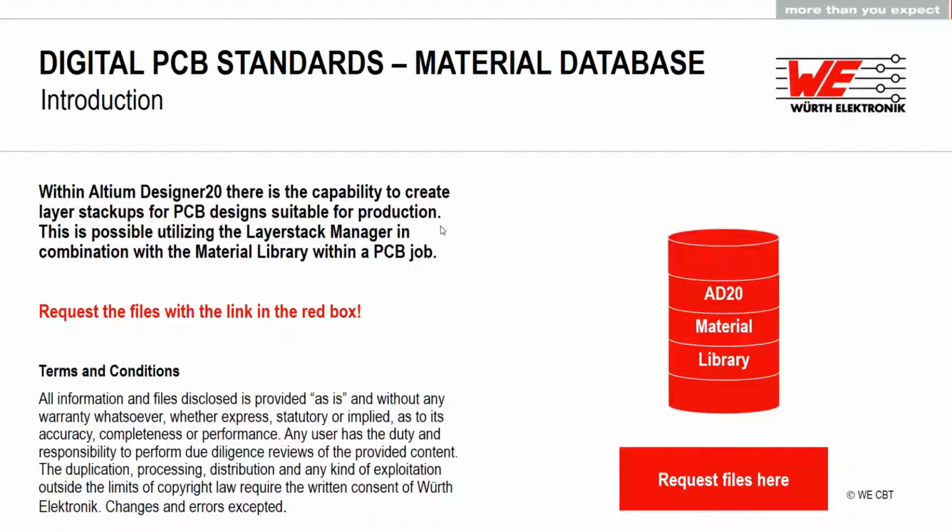So you can request the files in the red box here. There's a link behind it which will also be active in the final presentation you will receive. The other possibility to get the files is to request them via our internet website.